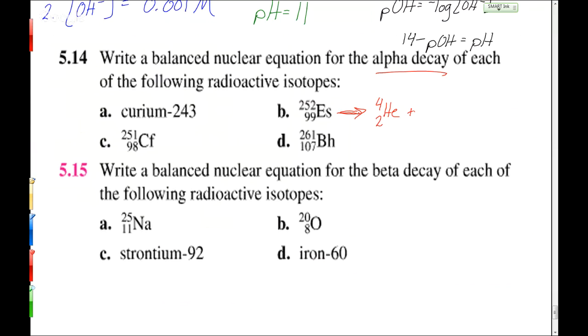If you want 99 total, that's 2 and 97. If you want 252, that's 4 and 248. Then you look up on the periodic table, 97 is berkelium, BK, Burger Kingium.